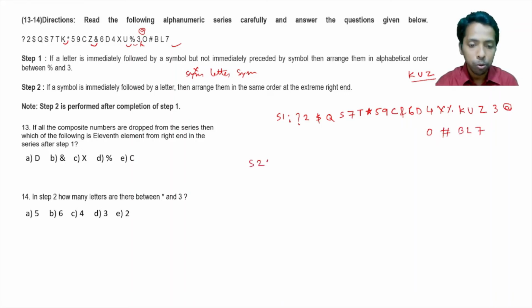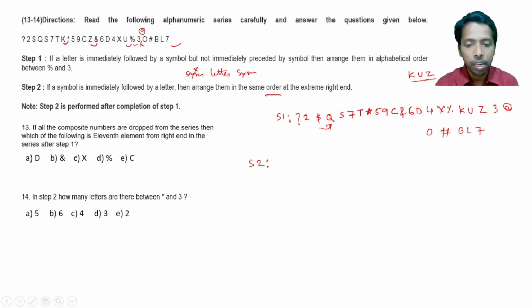Now what's step 2? If the symbol is immediately followed by a letter, then arrange them in the extreme right hand in the same order as we find them here. In whatever order it comes, in the same order we have to arrange it in the extreme right hand after completion of this particular set.